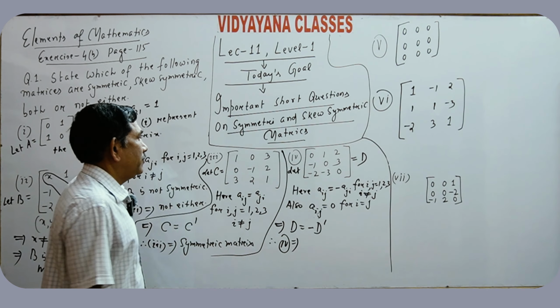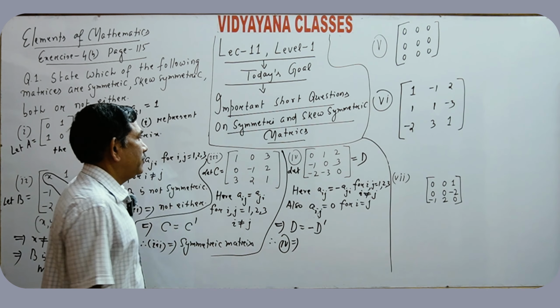Note, the 0 matrix represents both symmetric and skew symmetric, if it is square.